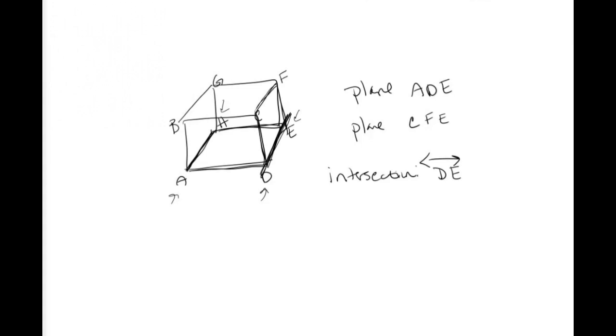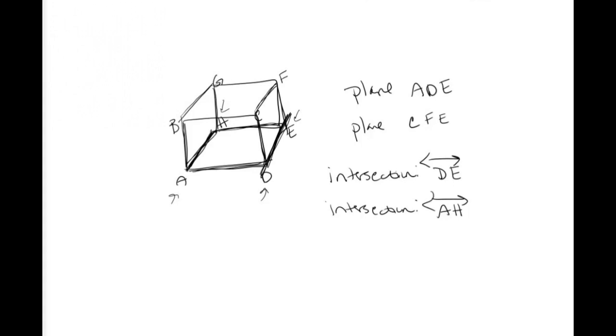What if we wanted to do the left side, the intersection between this left-sided plane and the bottom plane? What would be that intersection? Think about it to yourself for a second. And you should have gotten AH, right? Okay, not bad.